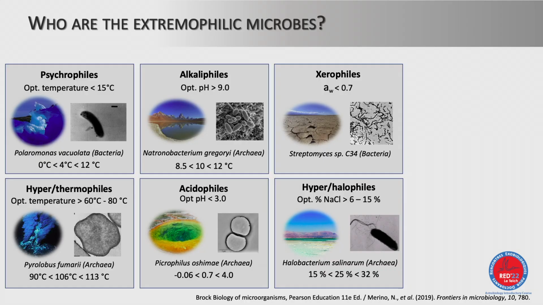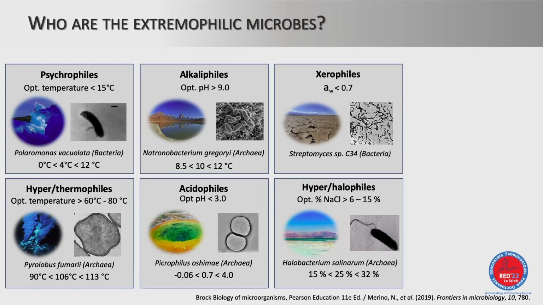Considering the water activity, we have the xerophiles. So those microorganisms can grow in really, really dry conditions without any water. So you have Streptomyces here. And you can also find those organisms in really high sugar concentration.